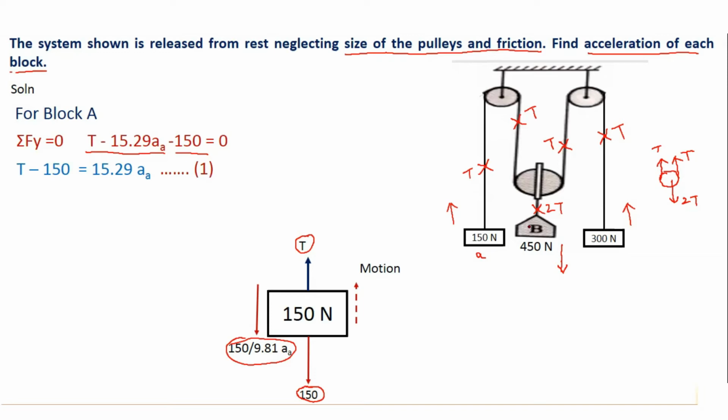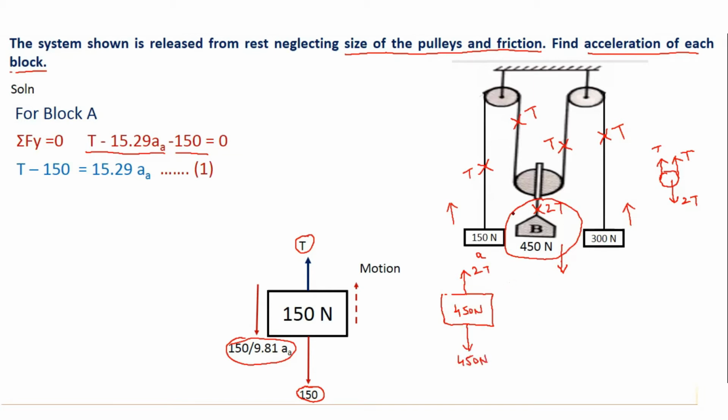Now let us proceed further by drawing the free body diagram of this particular body, that is B. So starting with it, there is a body B of weight 450 Newton. First we'll be showing the applied force or tension in the cable, that is 2T. Then self weight, which is 450 Newton.